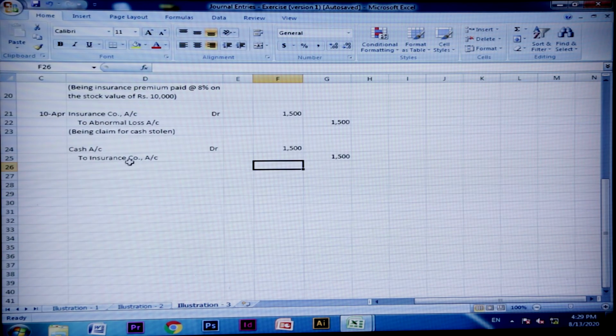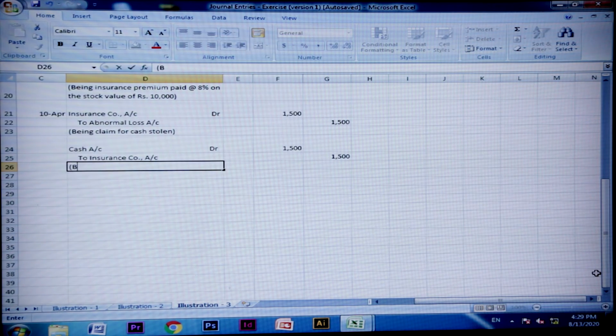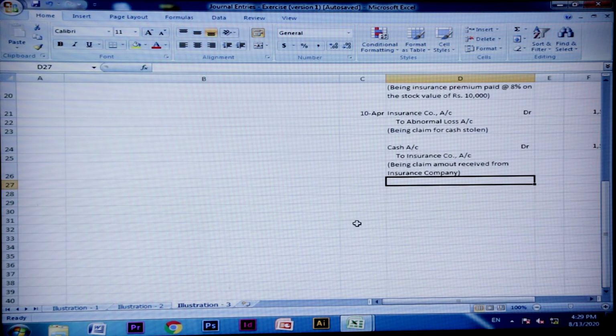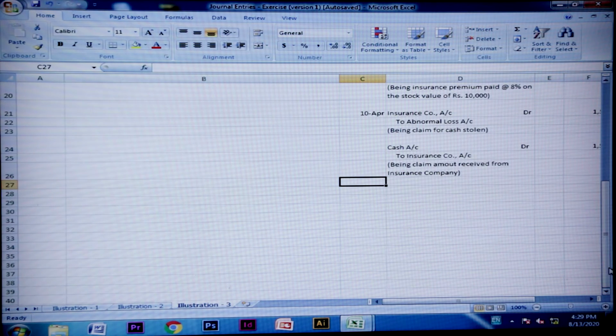The narration for this entry is being claim amount received from insurance company. Both are on the same date, so no need to write the date again.